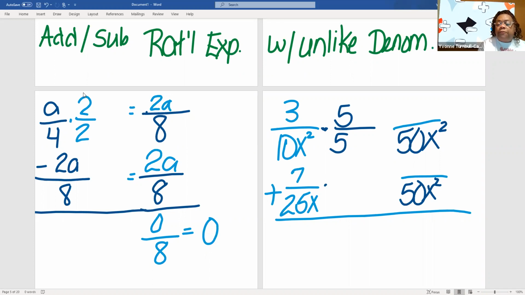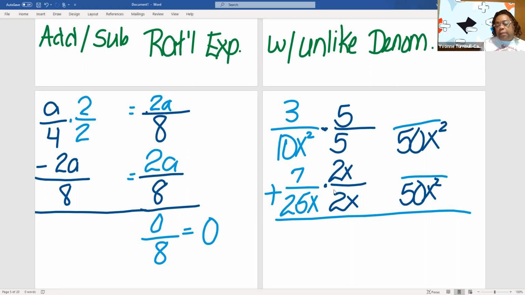What times 25 is going to give me 50? 2. I need an x squared. So what can I multiply my x by to give me x squared? x. Because x times x is x squared according to the product rule. Multiplying like bases, you add the exponents. And whatever I do to the bottom, I have to do it to the numerator as well. So now let's do it. Let's double check before we go to find our new numerator, shall we?